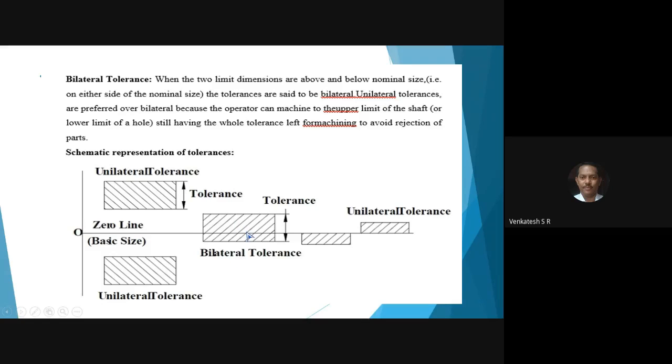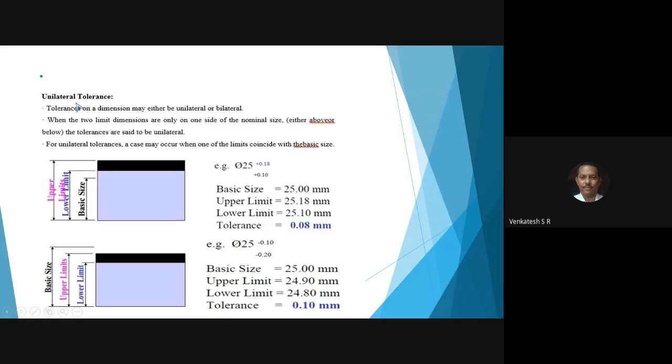In the bilateral tolerance, some of the dimensions are above the zero line, some below the zero line, that is, negative as well as positive values. That is called bilateral tolerance. The tolerance is classified into two types. One is unilateral tolerance and the other one is bilateral tolerance.